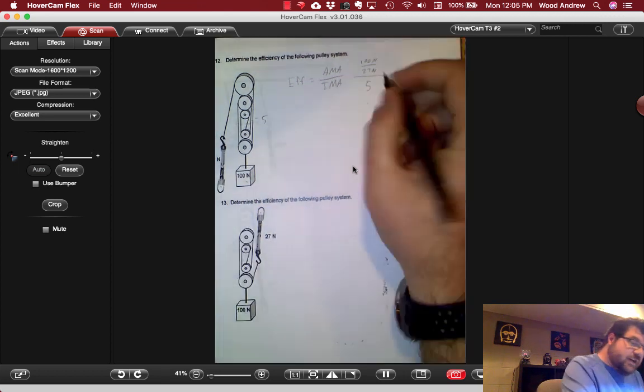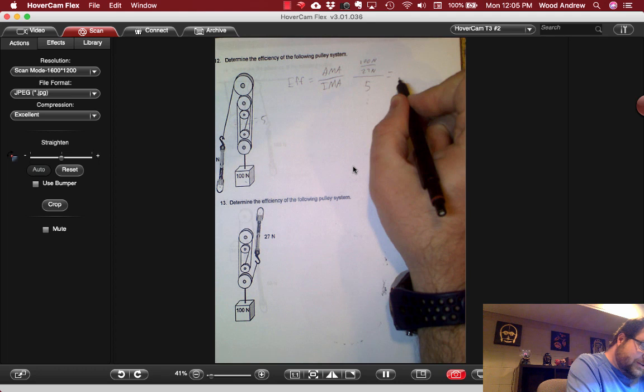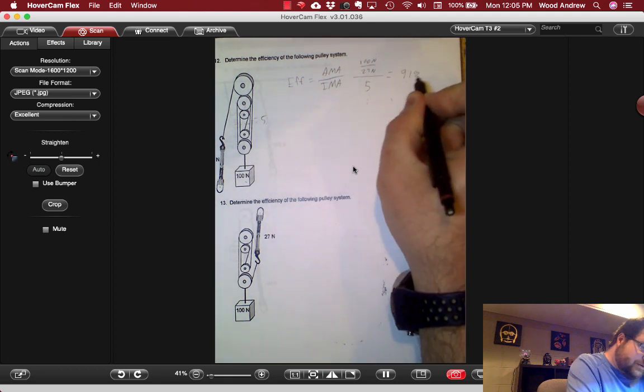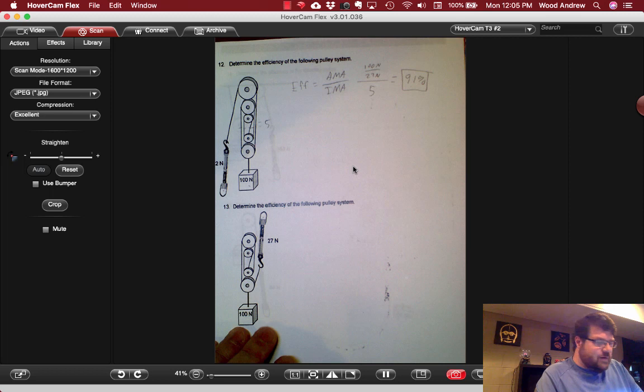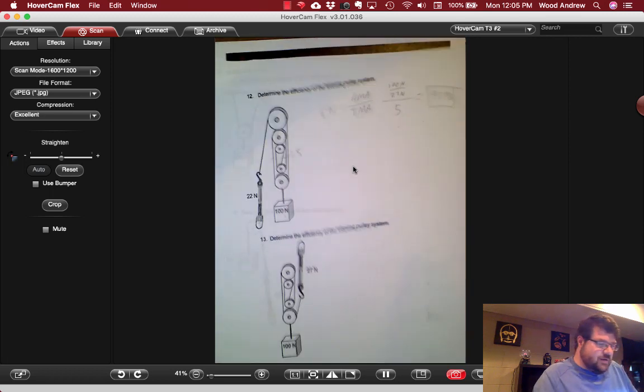And of course, times 100 to make it a percent. We have a 91% efficient pulley system. Pulleys are usually very efficient. All right, that was problem 12 if you're following along.